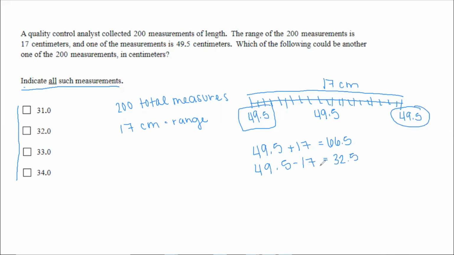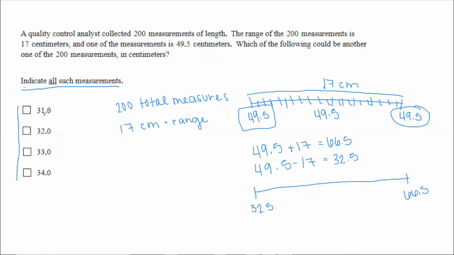Okay, so what we're looking at essentially, I'm going to redraw this not so straight plot, is that the smallest we could get is 32.5 and the largest we could get is 66.5. So what we're looking for in this is everything within this list that falls within these 2 points of 32.5 and 66.5.